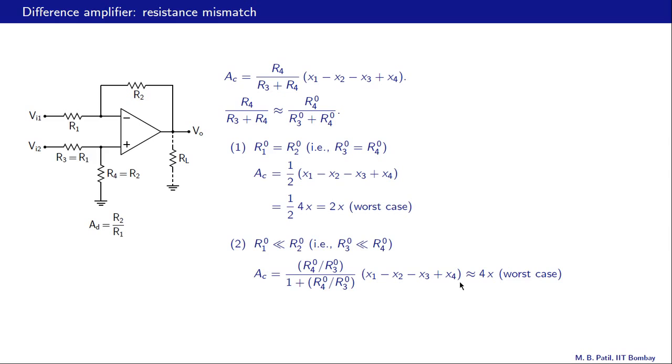So therefore in this case the common mode gain would be 4 times x in the worst situation. So again if we have 1% resistances, the common mode gain would be 4 times 0.01 or 0.04. So we see that the common mode gain is not exactly negligible in these circuits, and therefore we need to worry about it.